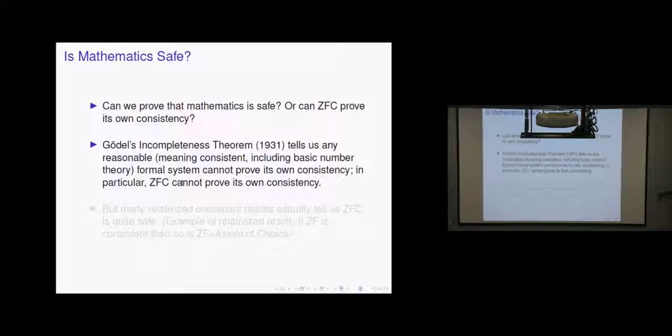If you don't have any words, then you are safe, right? But the condition of being reasonable includes that you have to include plus and times. You can do basic arithmetic, okay? So if you have an axiomatic system that includes part of number theory, then you cannot prove your own consistency.